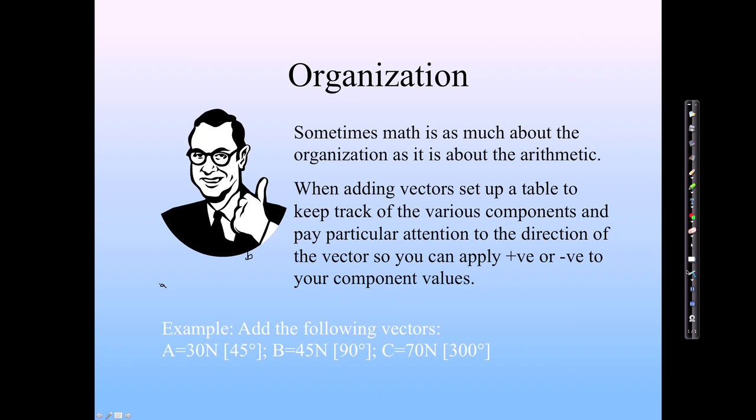Here's an example. Let's add the following vectors. These are different A, B, and C than in the previous example. A is a 30 Newton vector directed at 45 degrees on the Cartesian plane. 45 degrees would be right here.